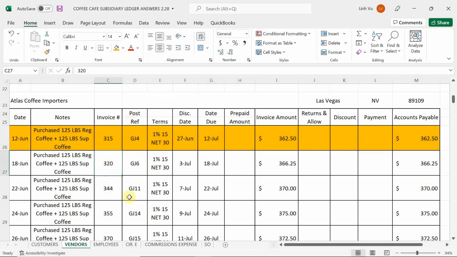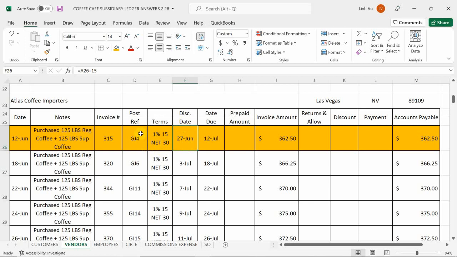Okay. So in this case, we're making a payment for invoice number 315, right? We received the bill on the 12th, okay? We were given terms of a 1% discount if we paid within 15 days. If not, the bill is due in 30. So in this case, we made the discount period because today is the 27th.